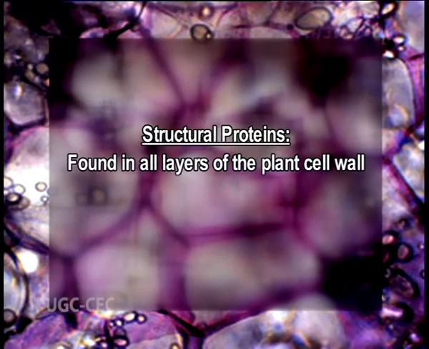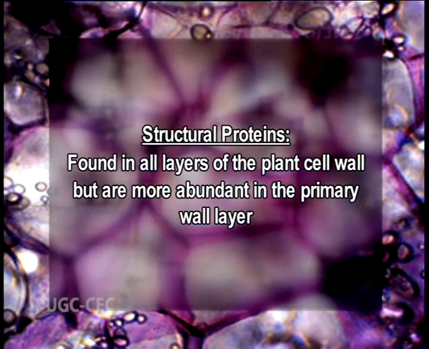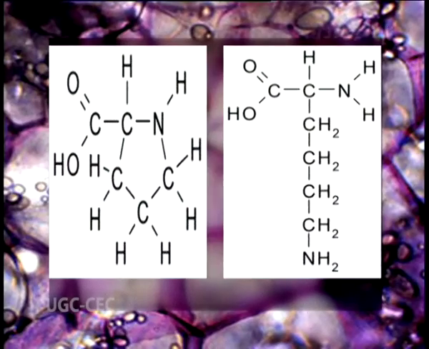Structural proteins are found in all layers of the plant cell, but they are most abundant in the primary wall layer. Like the cell wall carbohydrates, glycoproteins are hydrophilic and can form hydrogen bonds and salt bridges with cell wall polysaccharides.